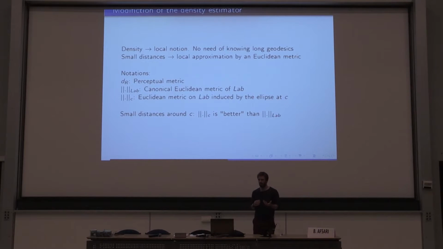So densities are local densities. It's a local notion. It normally does not involve long geodesics. If in your density estimation you only have to deal with small distances, which is the case when you have a lot of data, then the information on the local scalar product should be enough.